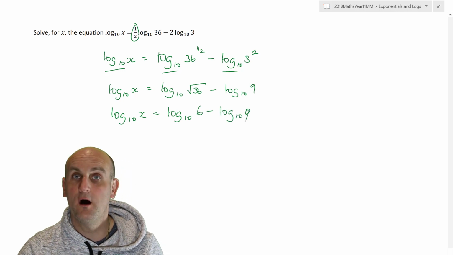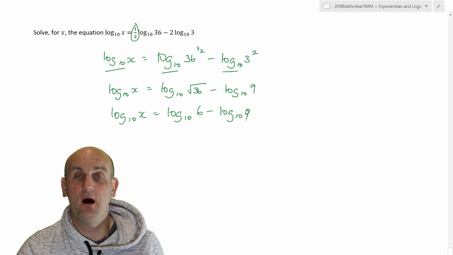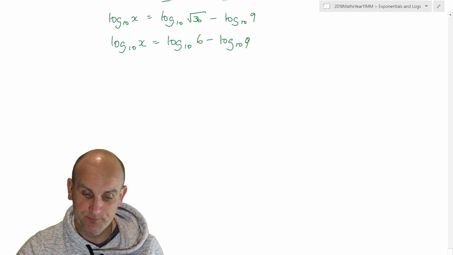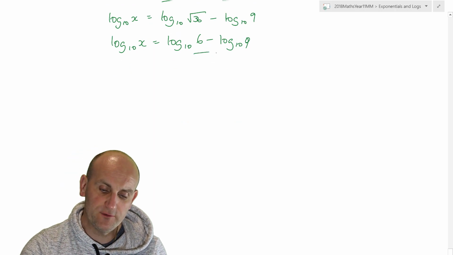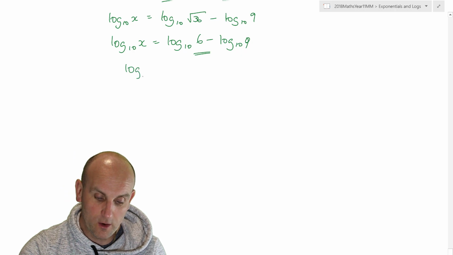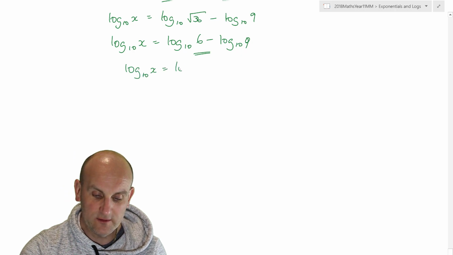Right, what do we do here now? Well, you might argue, we can get rid of all of the logs. No, you can't. That's where we're heading towards. But first things first, we have to deal with this. And when you take away logs, if you remember, you divide them. So log base 10 of x is equal to the log base 10 of 6 on 9.